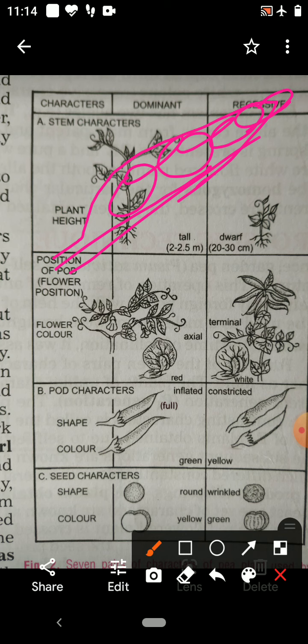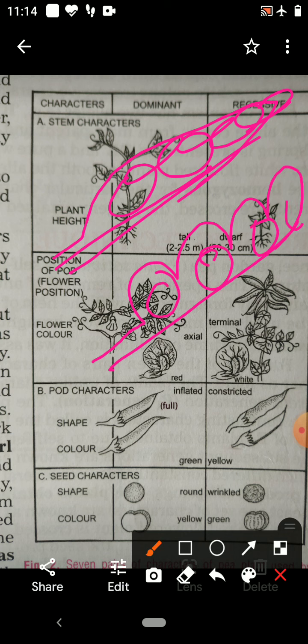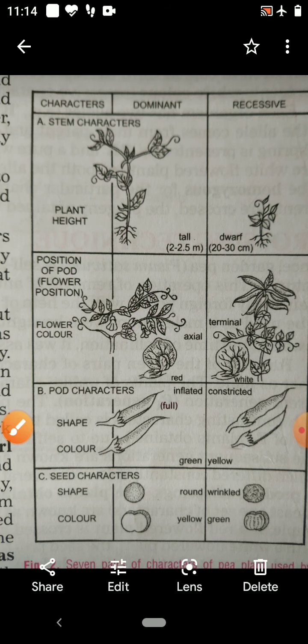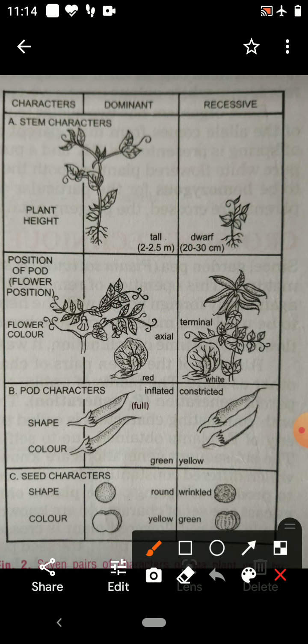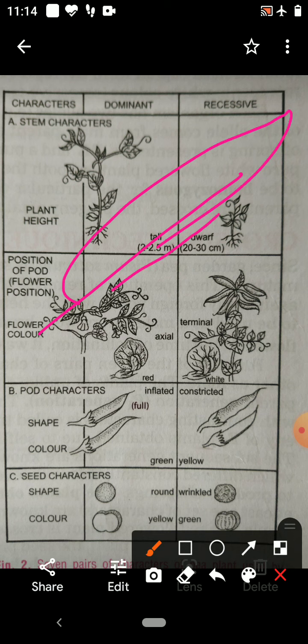In some plants, pods were inflated, but in some plants, the pods were constricted like this, and seeds were found here. So this is the inflated and this one is constricted. Other was color of the pod. The color of the pod in some plants was green color and in some plants it was yellow color.